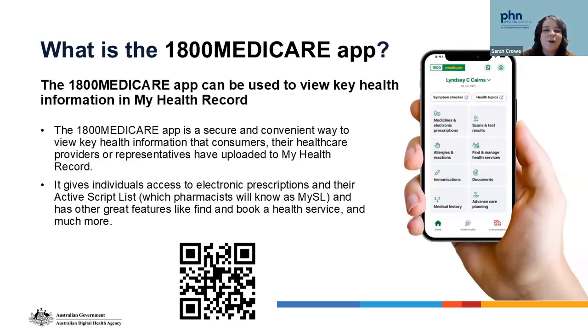You can actually store all of those in your 1-800 Medicare app, which does two things. It makes it very easy to find and for me to know what active scripts I've got, but it also kind of works as a script list. So I can easily go there and look up what medications I'm currently taking. So that's a really great feature. Highly recommend it to simplify e-prescribing as well for people.